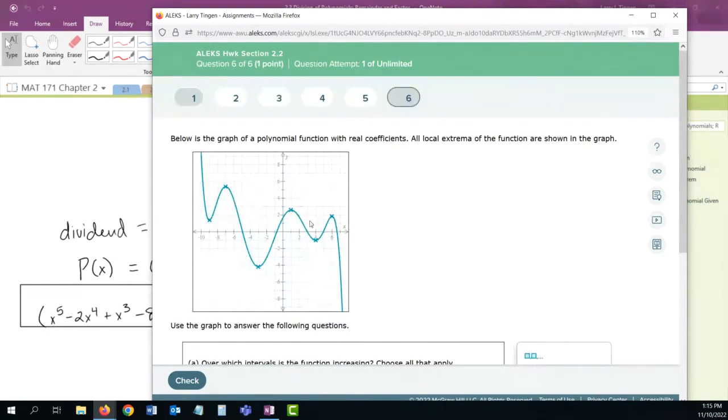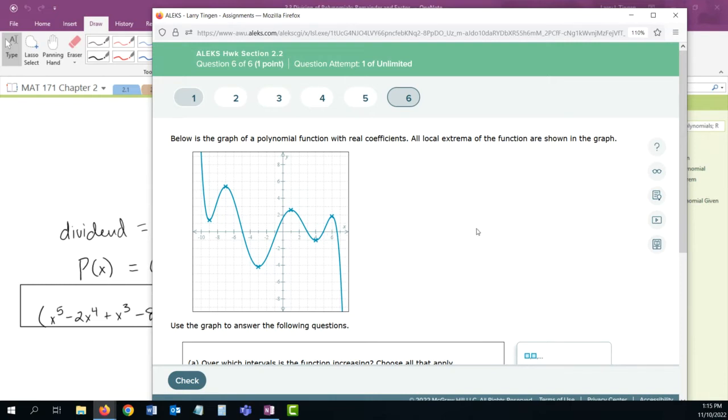Determine the sign of the function's leading coefficient. This is an odd function because, remember, in end behavior, when I'm dealing with an odd function, one end goes to positive infinity, one goes to negative infinity, right? The question is whether it's the normal odd, where as x gets larger and larger, the function gets larger and larger, and as x goes more and more negative, the function goes more and more negative, or has it been flipped? In this case, it's flipped, right?